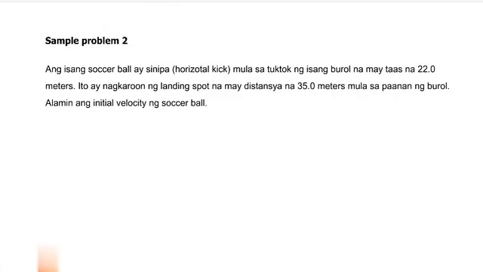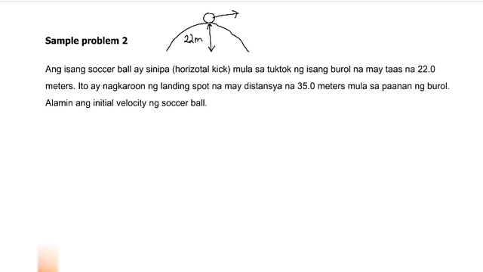Okay, this one. Ang isang soccer ball ay sinipa. Horizontal kick. Okay, meron kang clue word na ano to, horizontally launched. So you have a soccer ball na sinipa horizontally sa isa taas na isang burol na may taas na 22 meters. So, ito ay nagkaroon ng landing spot na may distansya na 35 meters mula sa paanan ng burol.